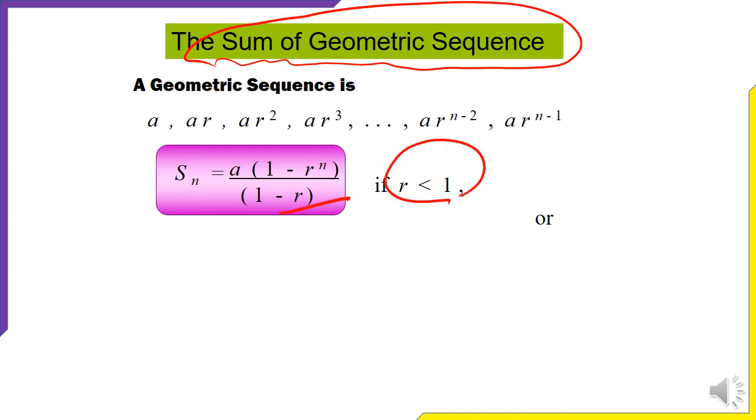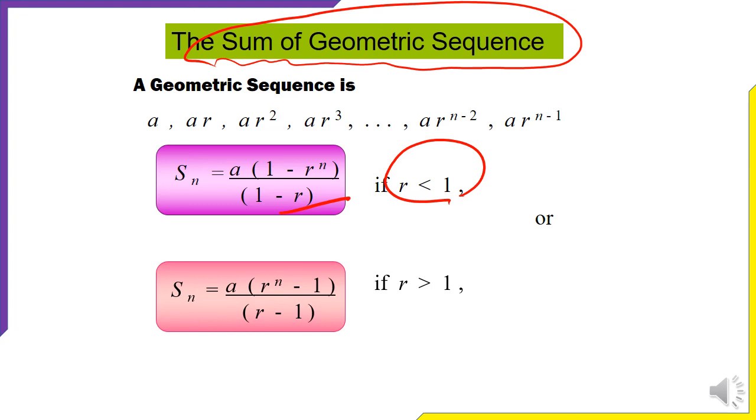Or if r is more than 1, we can use the opposite position of the values 1 and r to the power of n. It will be the same. You can use either one of these, even though the value of r is more than 1. It will give the same answer, so don't worry about it. You can remember both, or you can use only one of these.